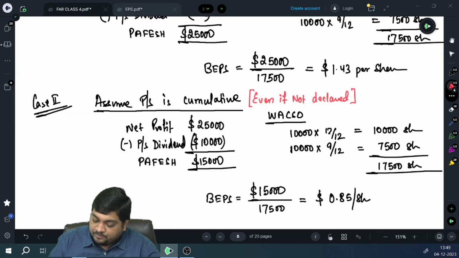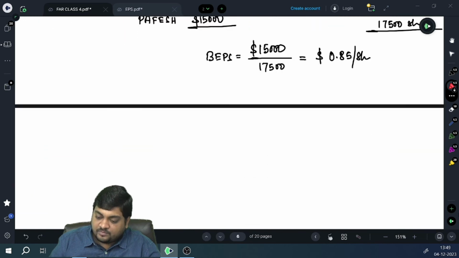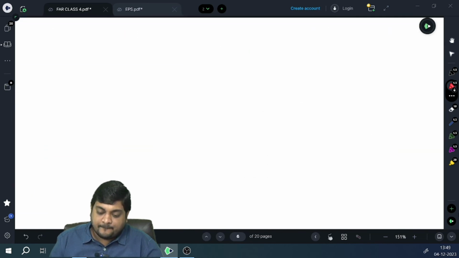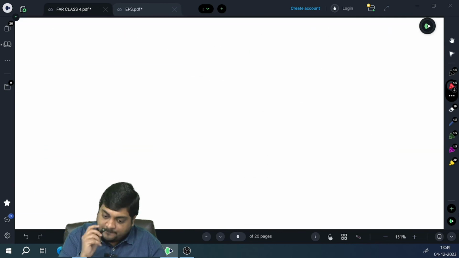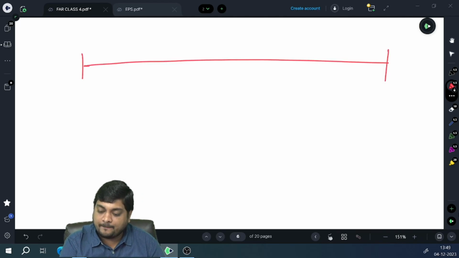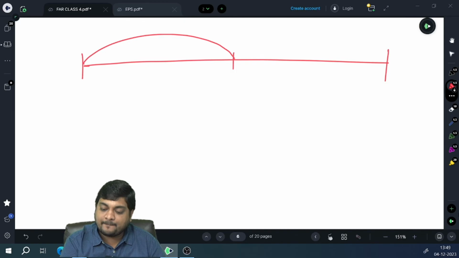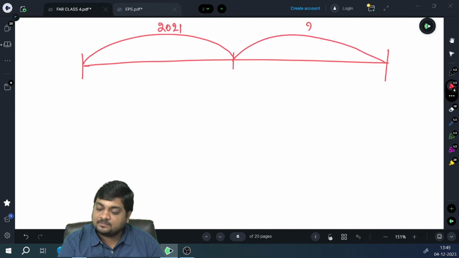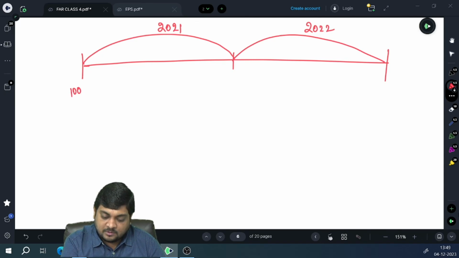Okay. Now, this is 2021. This is 2022. Okay. So 10,000 common stock outstanding is 10,000 shares.